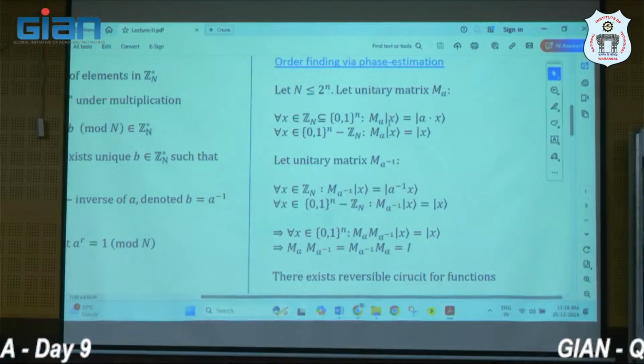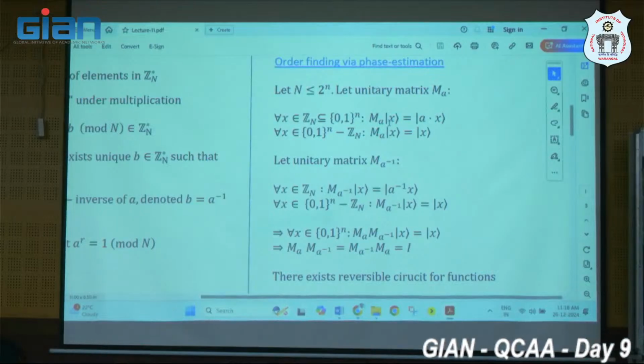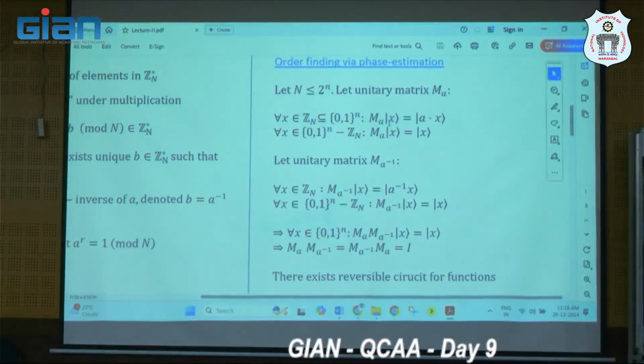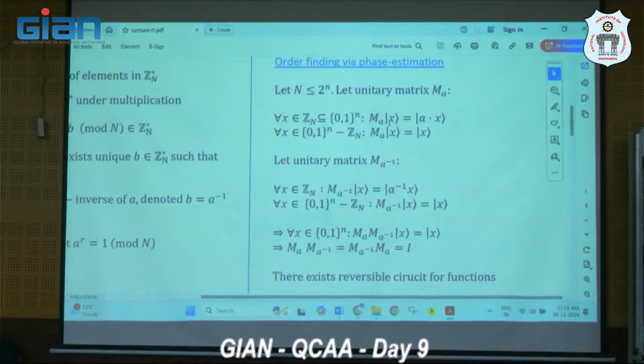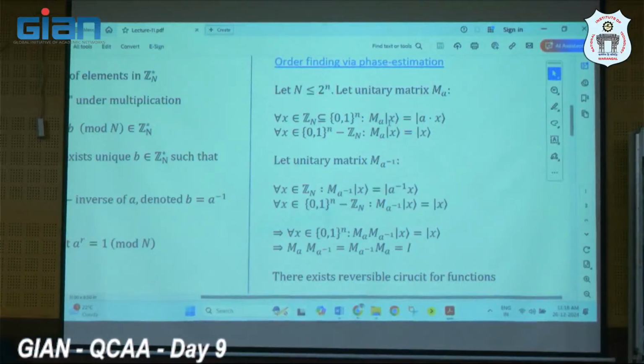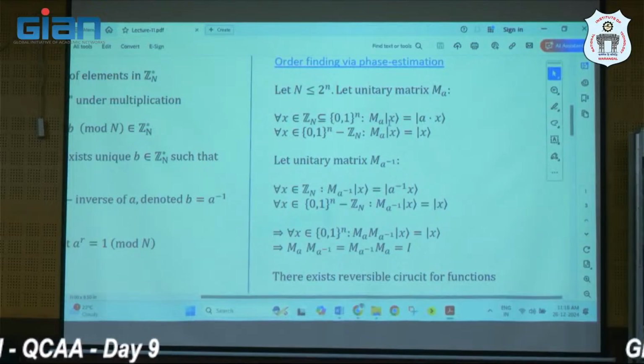Why is this a unitary? Because a has a multiplicative inverse, so two different x cannot go to the same value. When you multiply by a, if two things go to the same value, then if I multiply by the inverse, I should get back, right? How will I get back? I cannot.